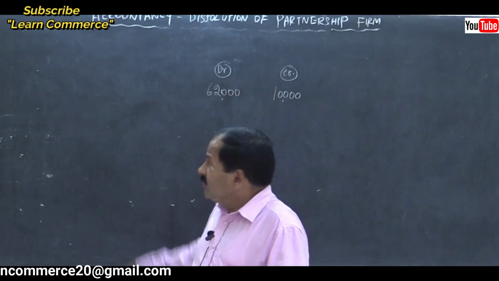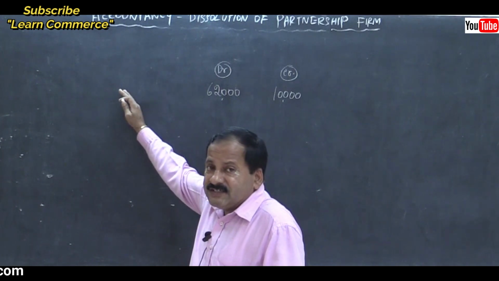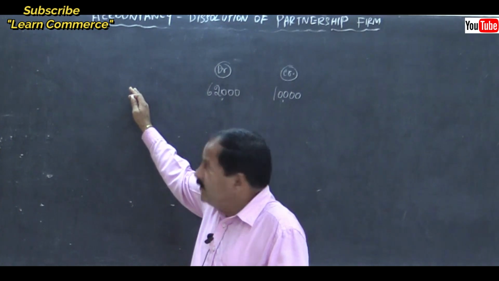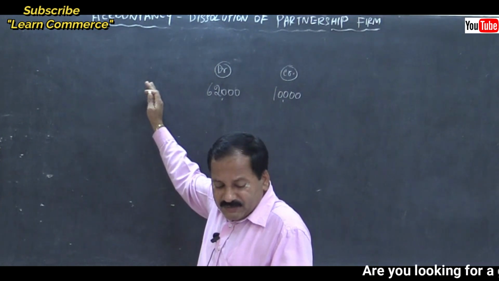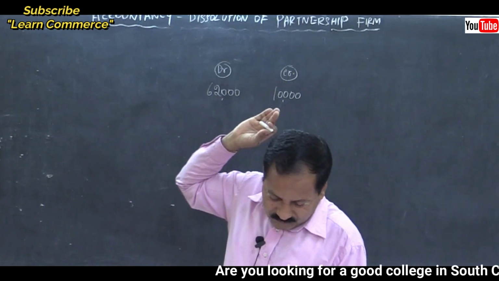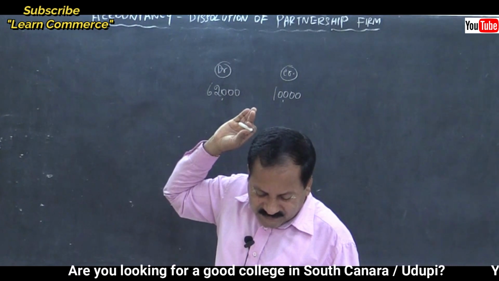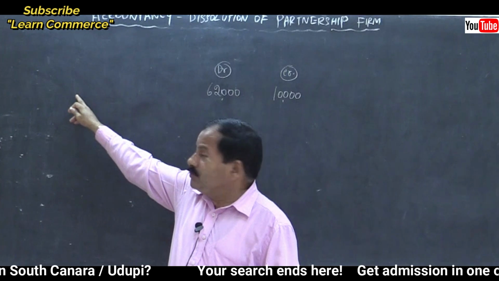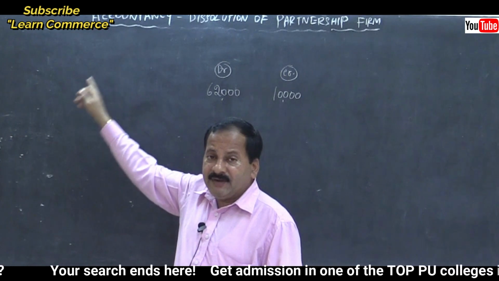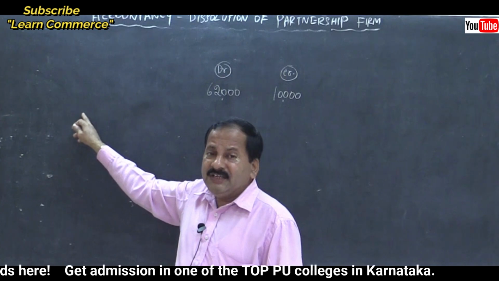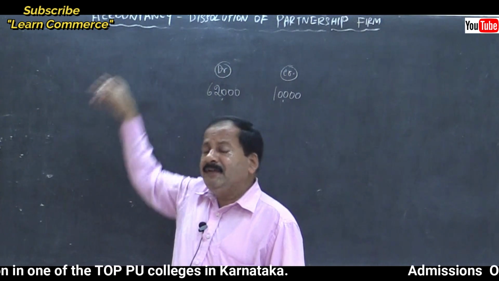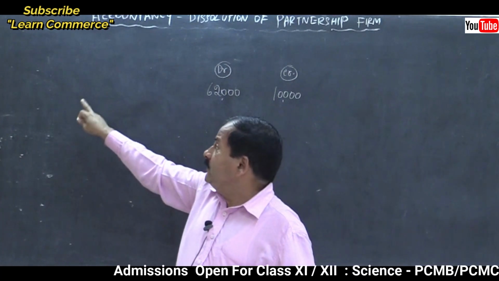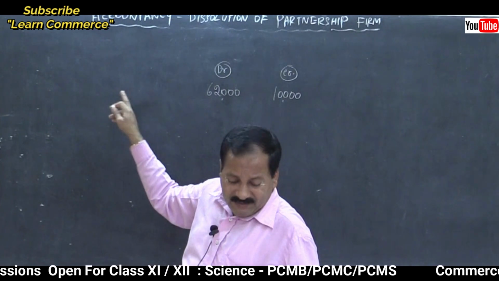So 32,000 minus 1,600 means 30,400 should be shown as bills payable at a discount of 5%. You have to give credit to Sonu's capital account, and you have to debit realization account. So you will write here 30,400 to Sonu's capital account, bills payable taken over.